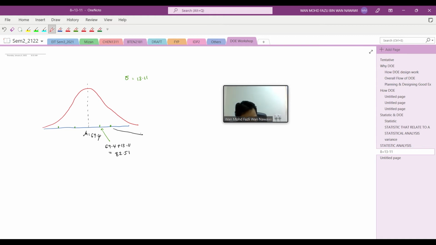Here you do the same thing, you still add 13.11, so you get around 95.62.